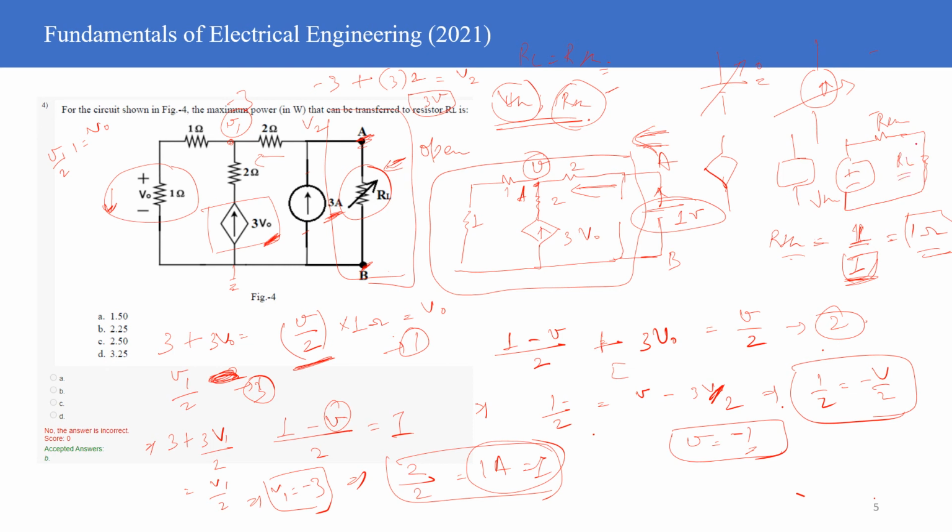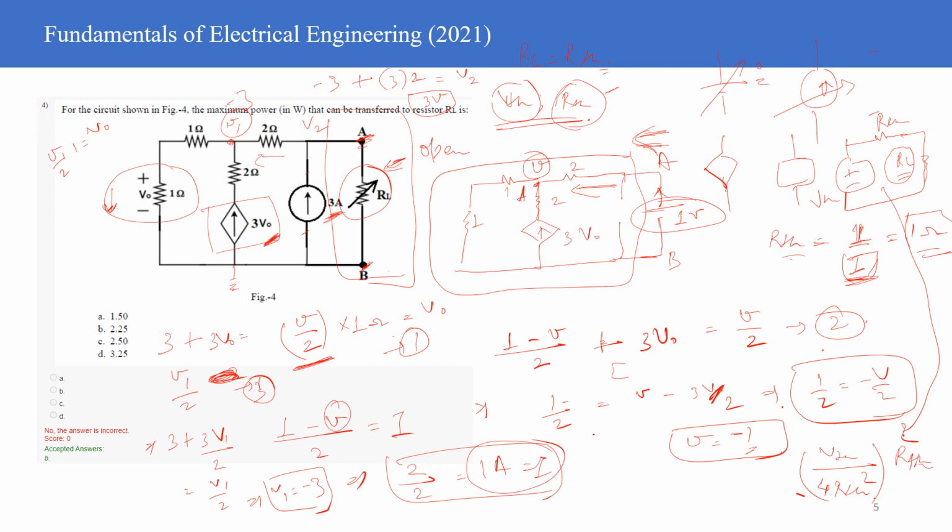We have seen that the load power transfer will be maximum when R load is equal to R Thevenin, so both are equal. Then the current is V Thevenin upon, both these being equal, 2 times R Thevenin, so I squared into R becomes V Thevenin squared over 4 R Thevenin squared, into R Thevenin.